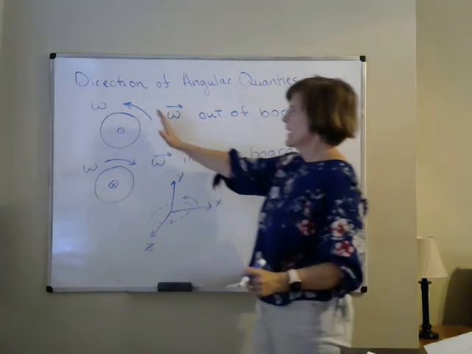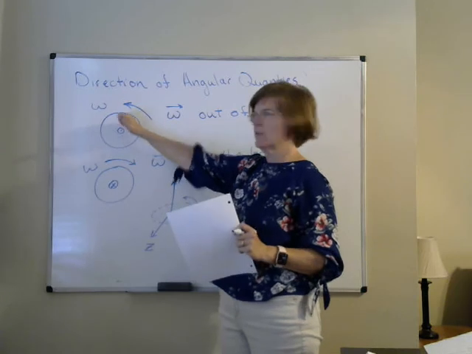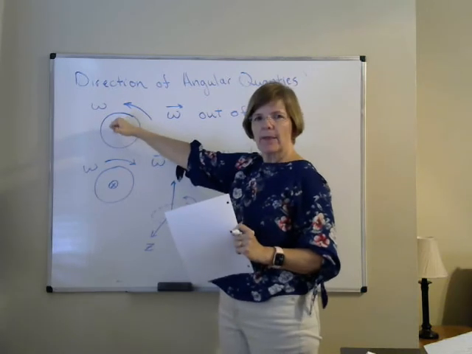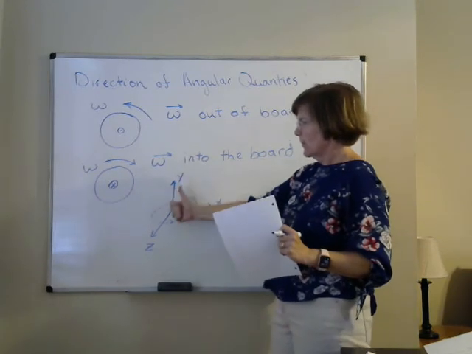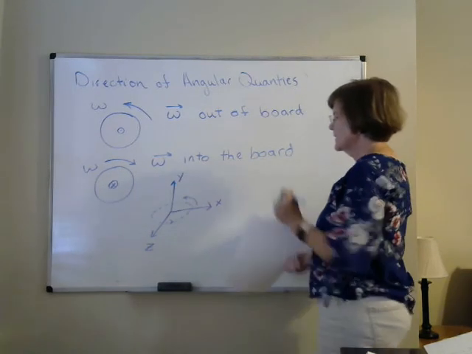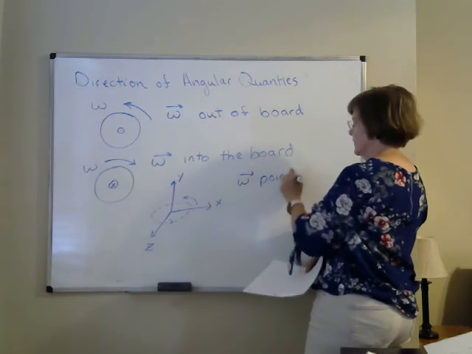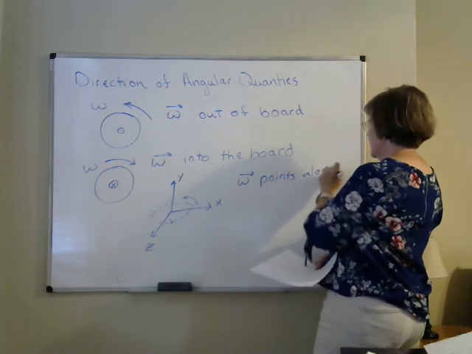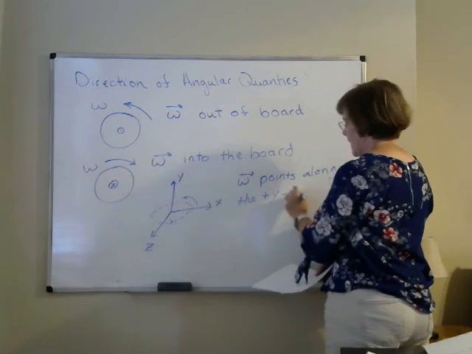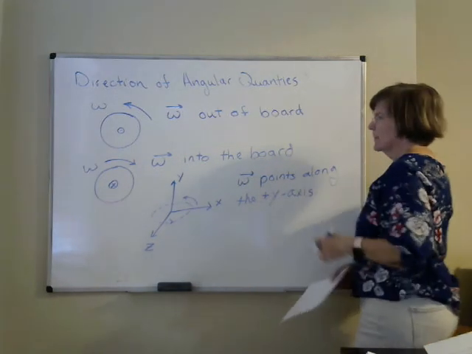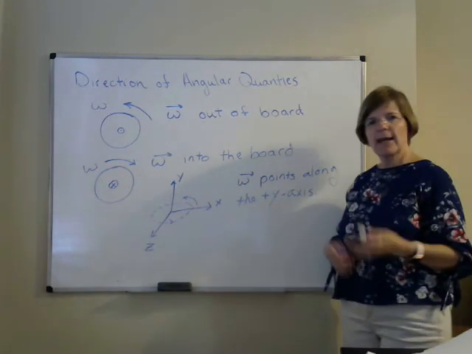If you put your right hand with omega, your thumb will point in the direction of that vector. So if it's going this way, my thumb points out of the board. If it's in this XZ plane, my thumb points straight up. So in this case, omega points along the positive y-axis.